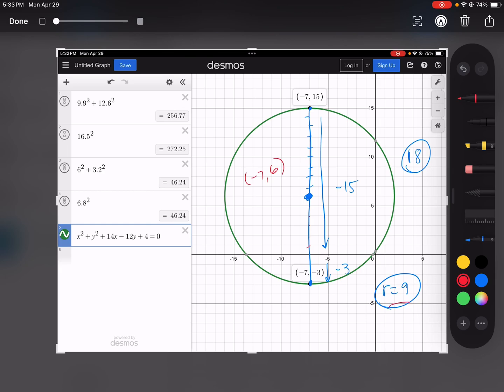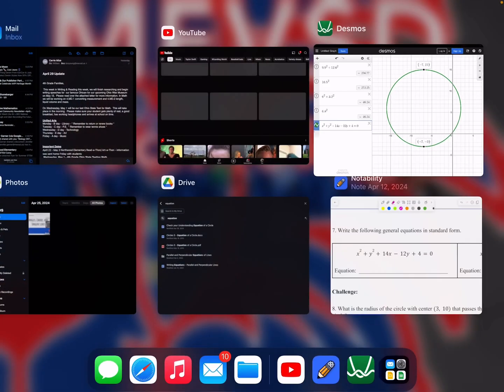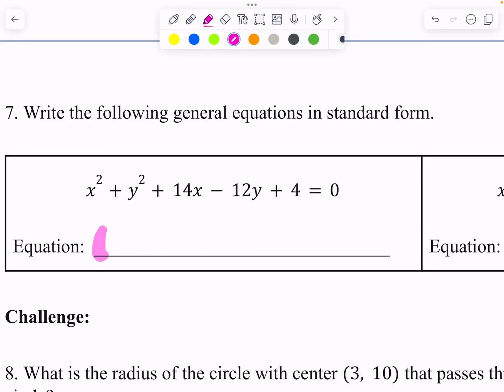So I know I have a radius of 9, and -7, 6 is my center. So if I go back, I have everything I need to write this equation. It would be x plus 7 squared plus y minus 6 squared equals 9 squared, or 81.